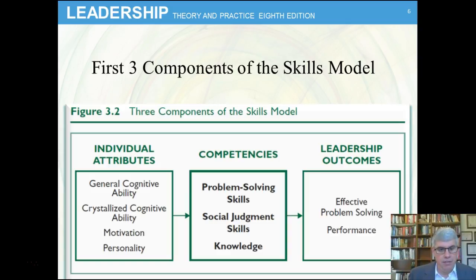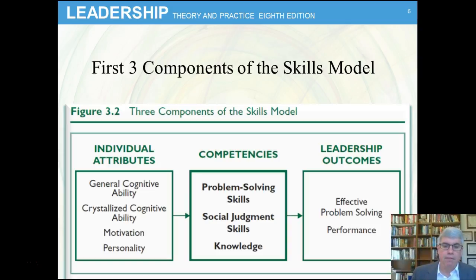Other individual attributes, other traits that are important, are motivation. Are people motivated to learn how to solve problems? Are they motivated to work with people? Are they motivated to make the company succeed? And then personality traits, which we talked quite a bit about, and how some personality traits make people more perceived to be leaders and make it easier to influence people.